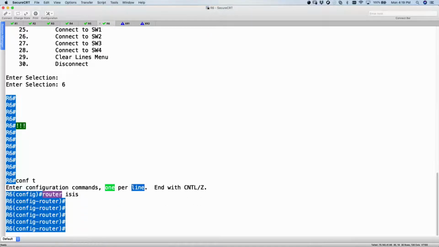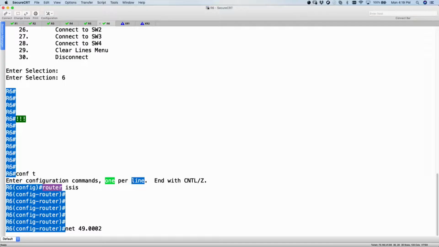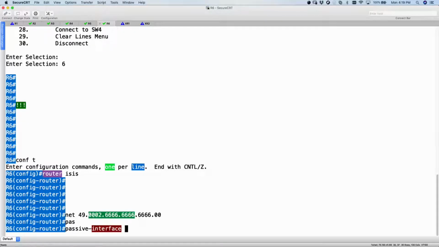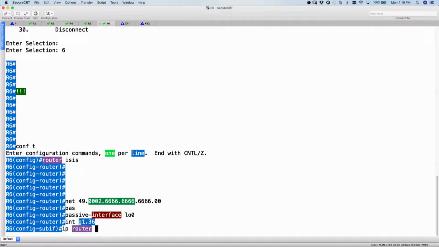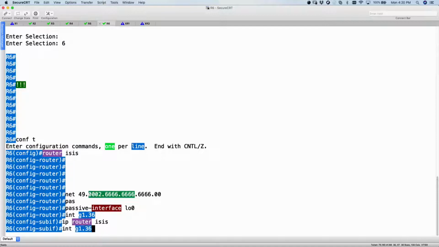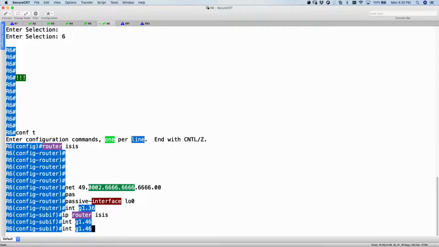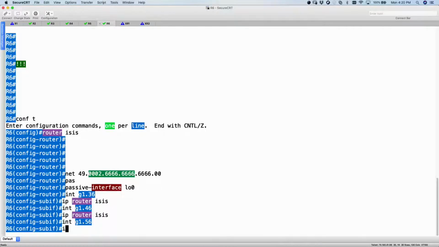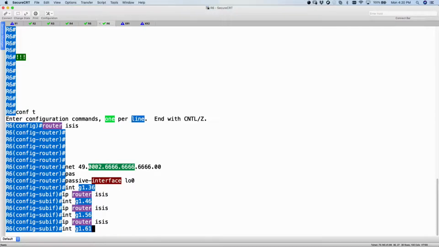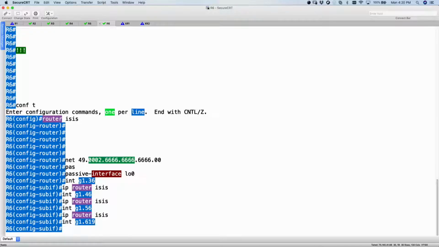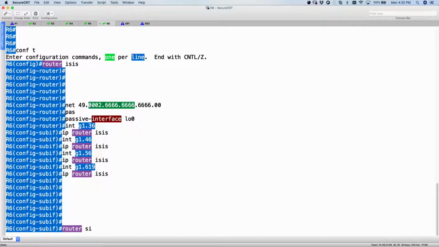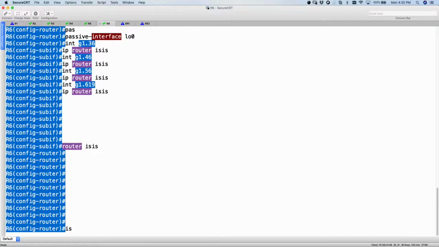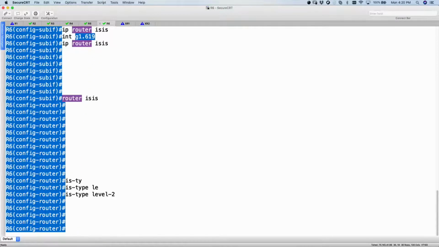Router ISIS, net 49.0002.6666.6666.6666.00, passive interface loopback 0, and then interface gig 1.36, IP router ISIS, and on 46 IP router ISIS, 56, and 619, I would have ISIS activated. I should go and change my ISIS type because default is level 1, level 2.